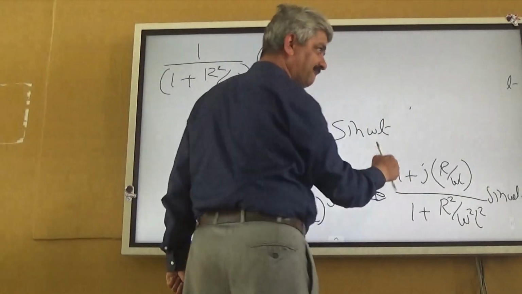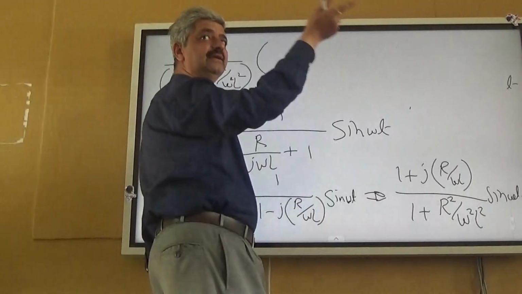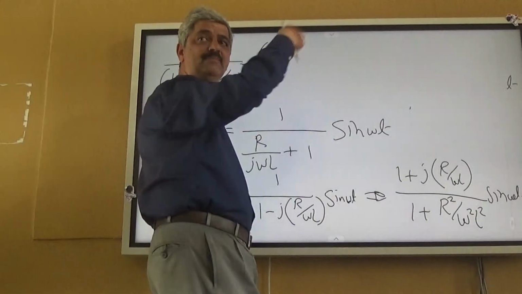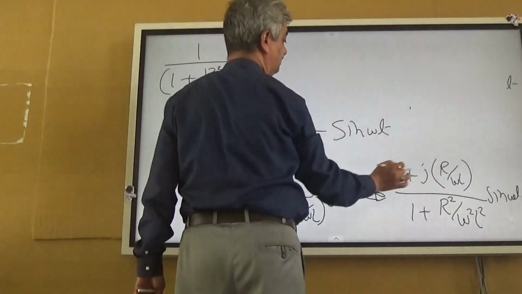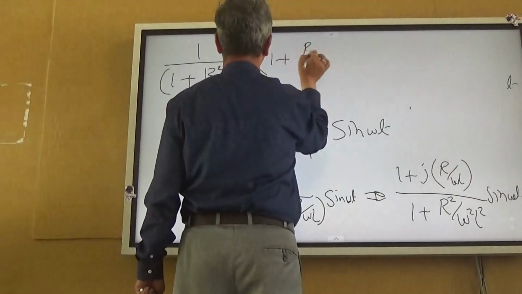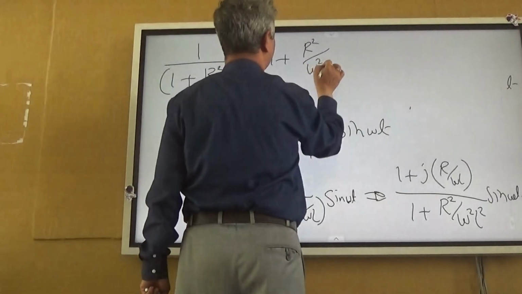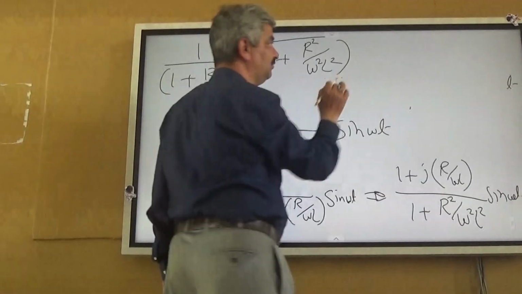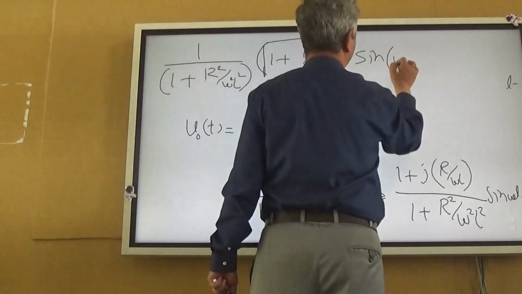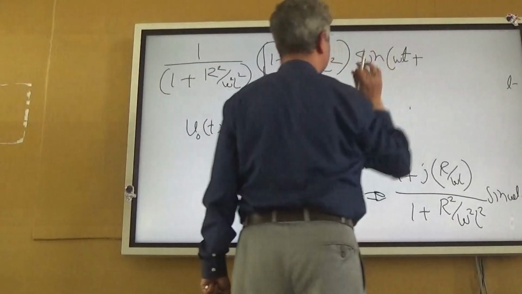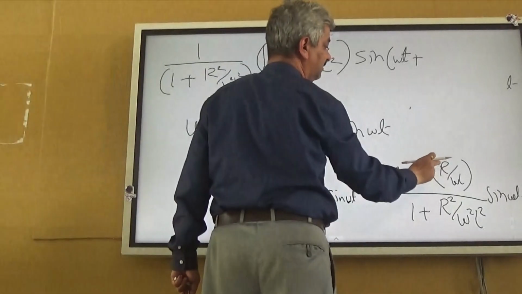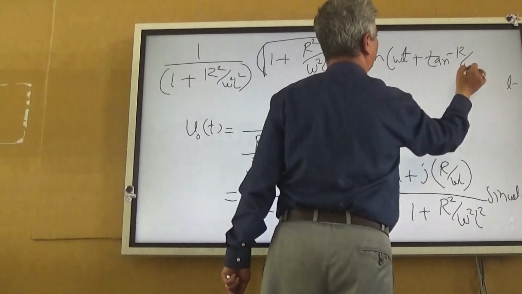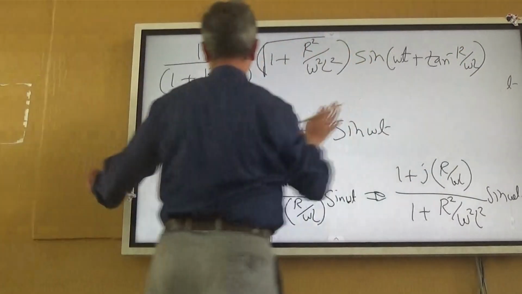It is A plus jB into sin omega t, so it is under root A square plus B square, sine of omega t plus tan inverse of B by A. So it is 1 upon under root 1 plus R square upon omega square L square, into sine of omega t plus tan inverse of R upon omega L. Is it right?